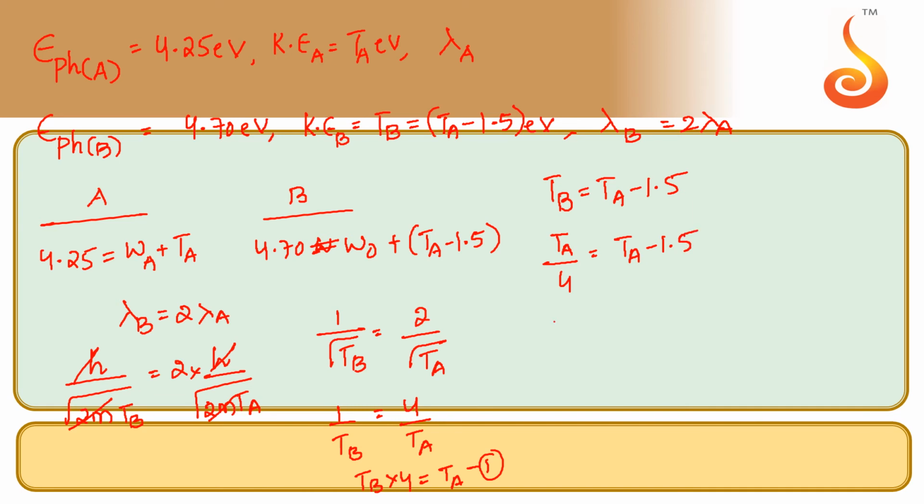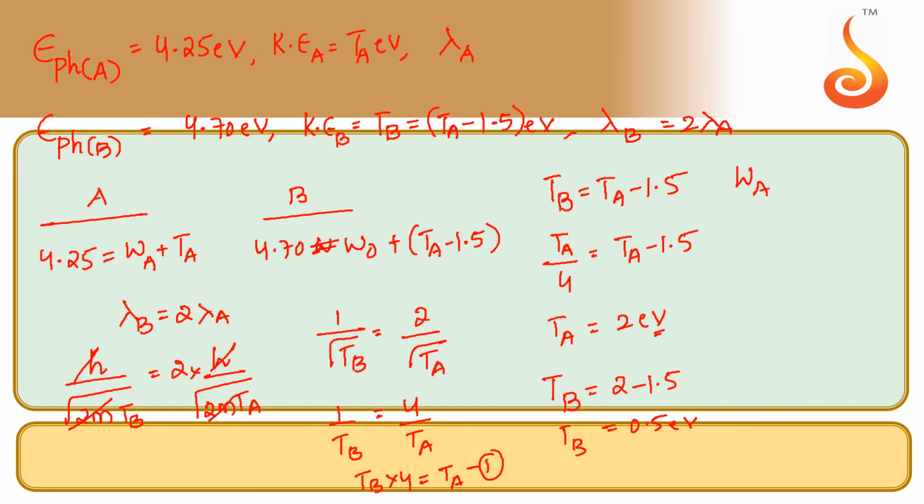Therefore, the Ta value will be 2 electron volt. When we got the Ta value, we can calculate Tb as well. The kinetic energy of B is 2 minus 1.5, which is 0.5 electron volt. So we calculated Ta and Tb. Let us calculate the work function of A and the work function of B as well.